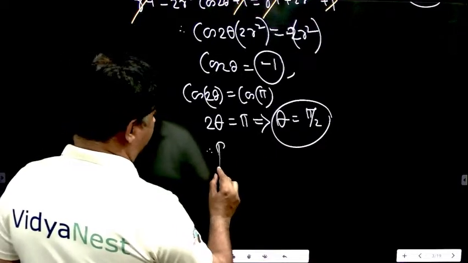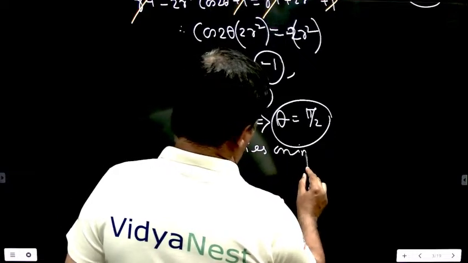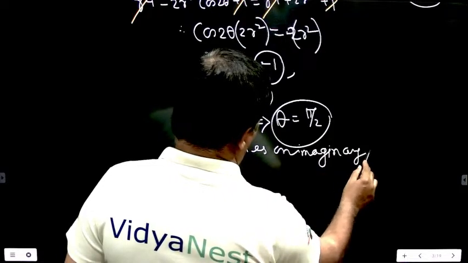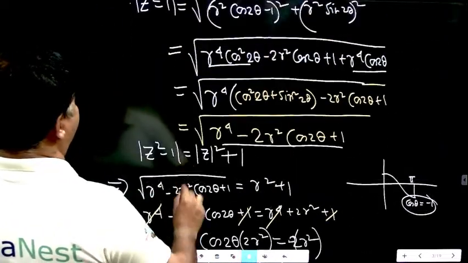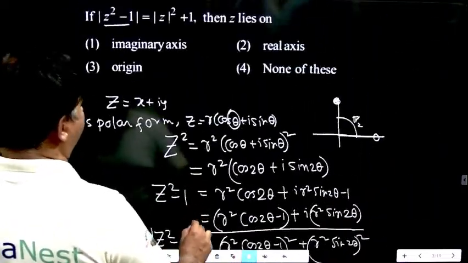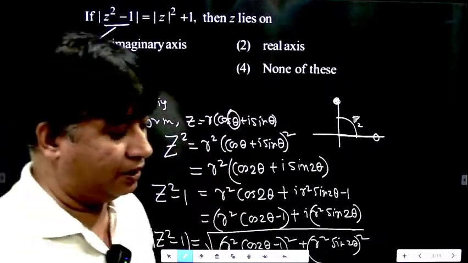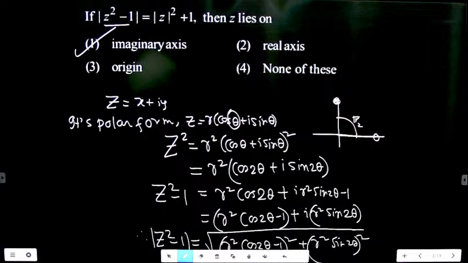Therefore, point lies on imaginary axis. So, any option? Yes. With option 1, it is matching. Note down and you tell me, you observe whether your idea is clear or not. Yes, sir. Clear. Good.